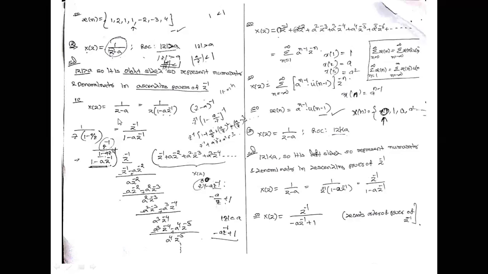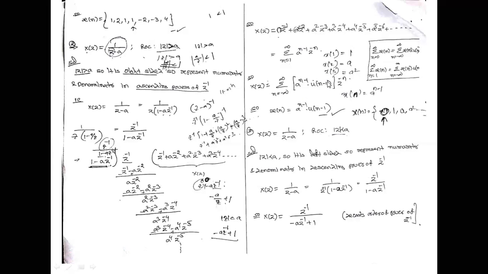Now I change this as minus infinite to infinite, because it starts from 1 to infinite. 0 to infinite means it is multiplied with the mu of n. But it starts from the mu of n is equal to 1, meaning one sample is shifted towards the right side. So what is the mu of step function?